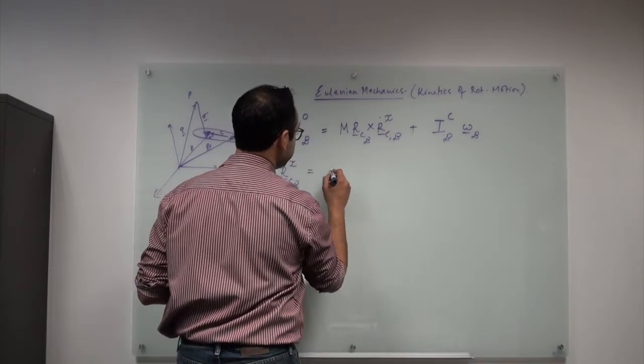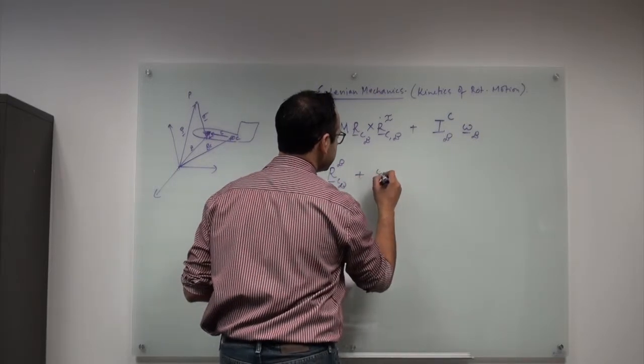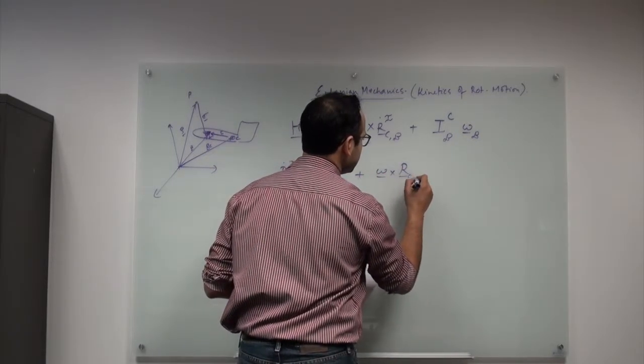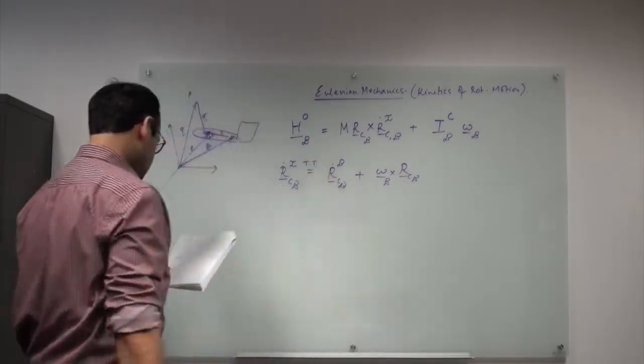The inertial derivative is the body derivative plus the compensation from the transport theorem.